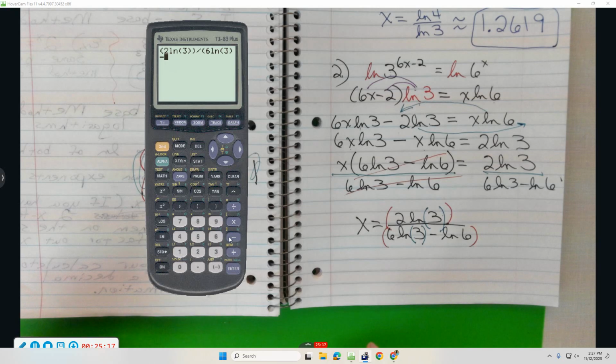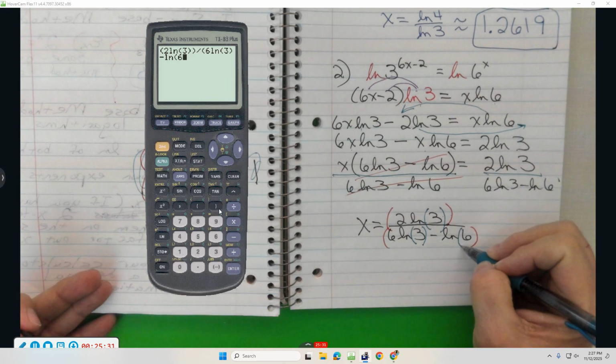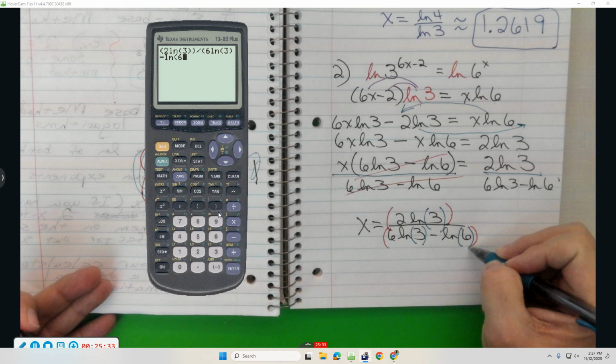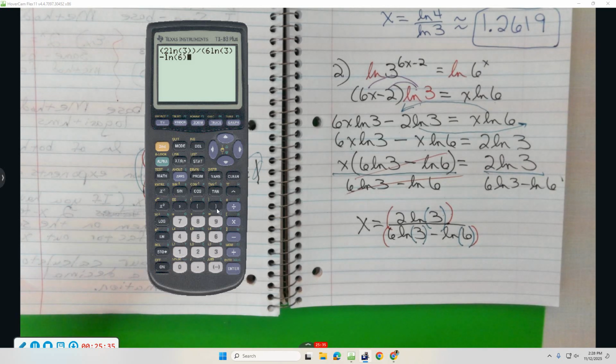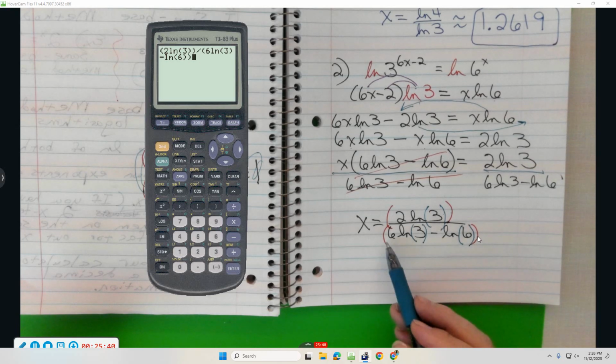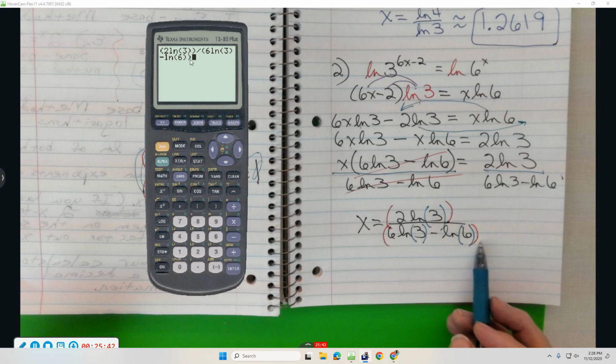If you use the negative sign, it will treat it as 6 ln 3 times a negative ln 6. He typed that ln, and it opened a parenthesis. He has to close the parenthesis after the 6, and then he still needs to close the parenthesis that's around the entire denominator.